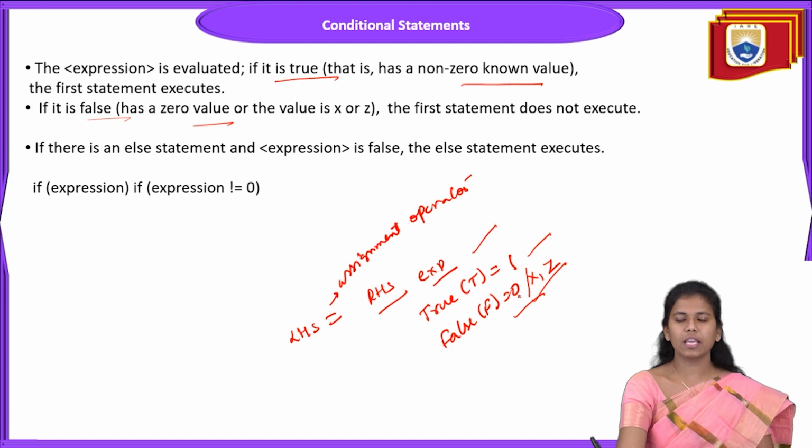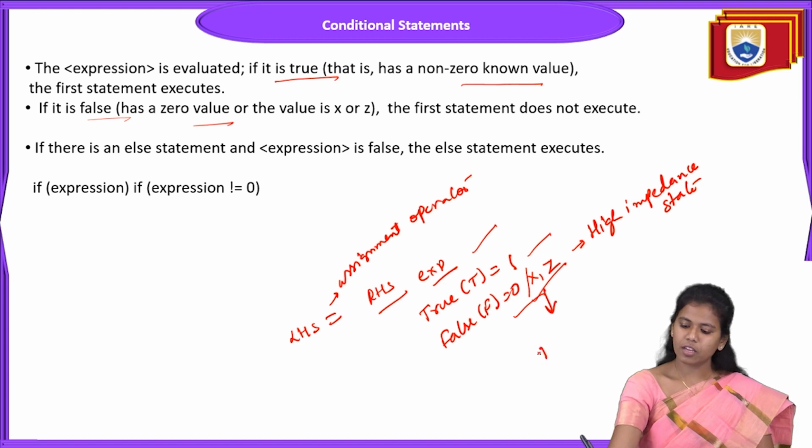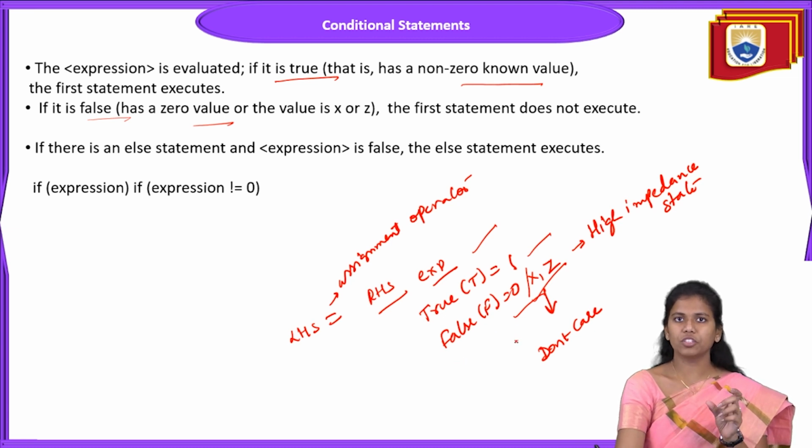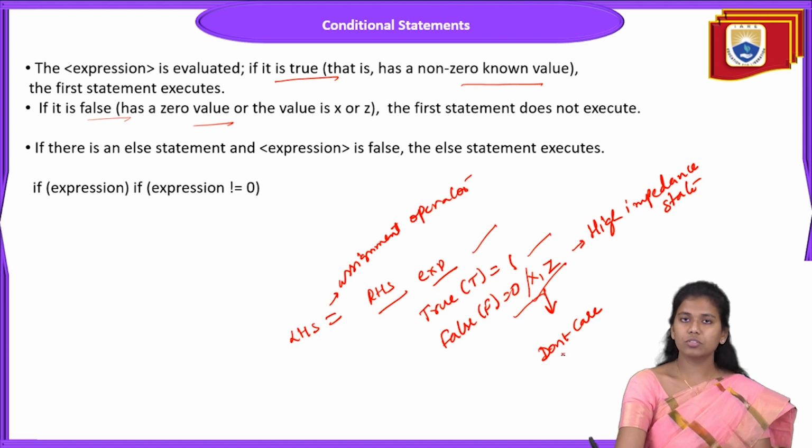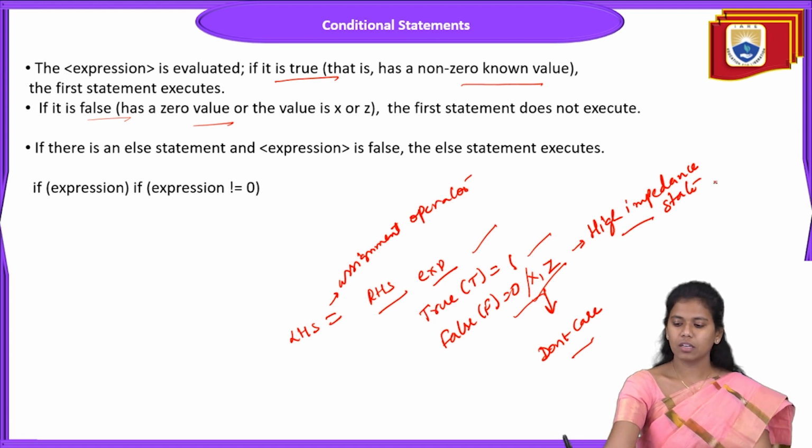We all know what x is and what z is. x and z are the don't care conditions, and z as well represents the high impedance state. z represents the high impedance state, whereas x represents the don't care condition. So whenever in the expression you come across a false condition, that is a 0 value, that 0 value can be represented with don't care as well as the high impedance state.